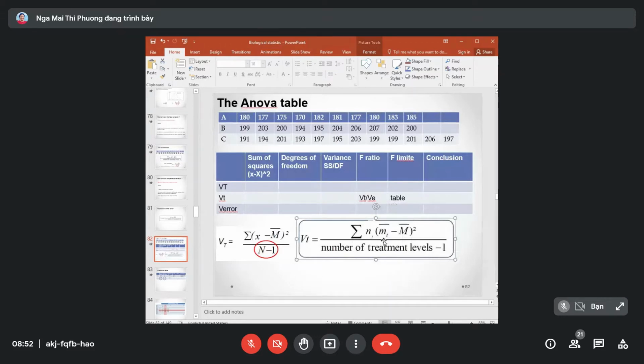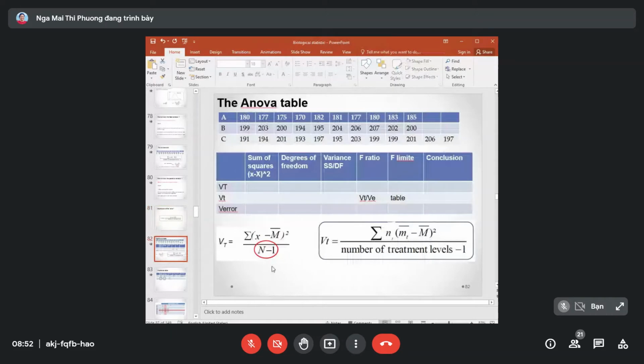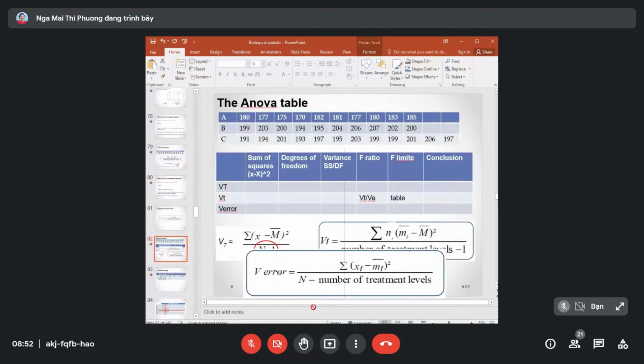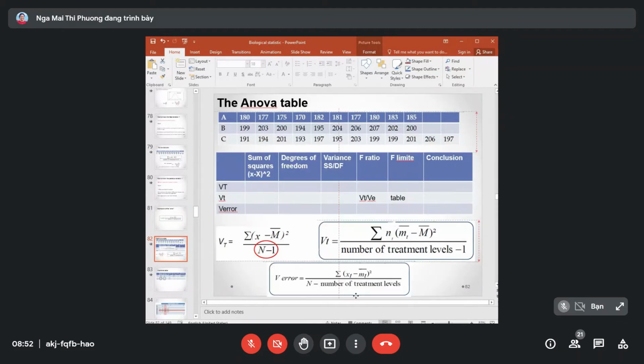And for variant of error. Okay, you see?